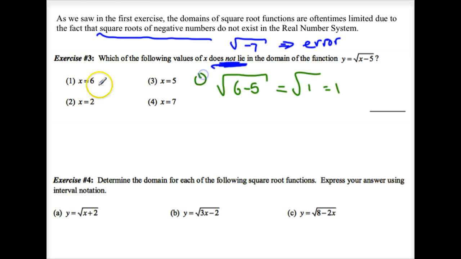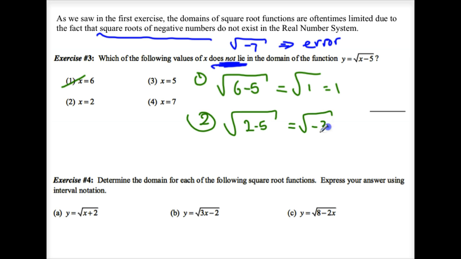So 1 is out. Choice 2 says the square root of 2 minus 5, which is the square root of negative 3, and this does not exist on the calculator. So which of the following does not lie in that domain would be choice 2.